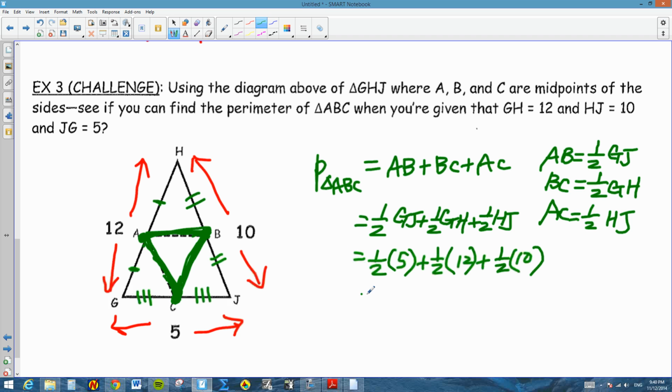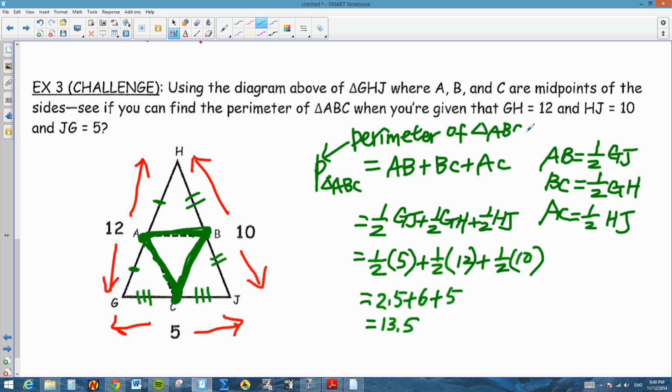So that gives us 2.5 plus 6 plus 5. That is 13.5. So 13.5 is the perimeter of triangle ABC.